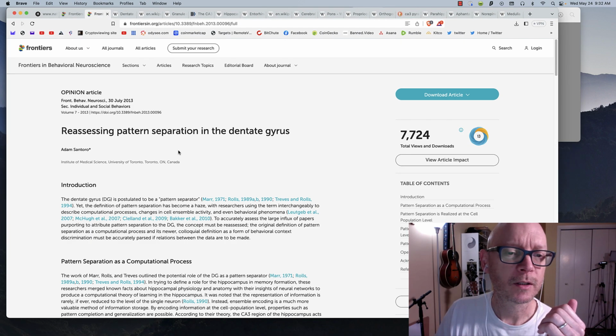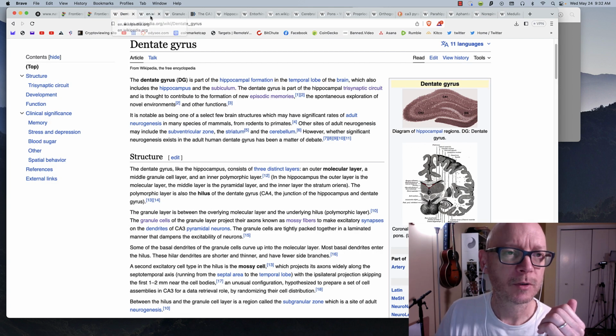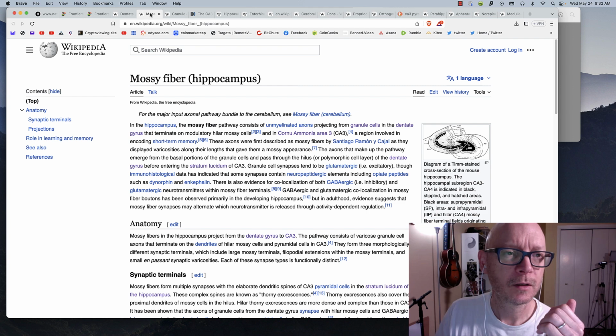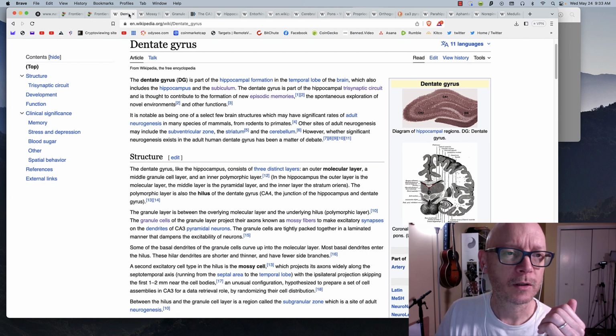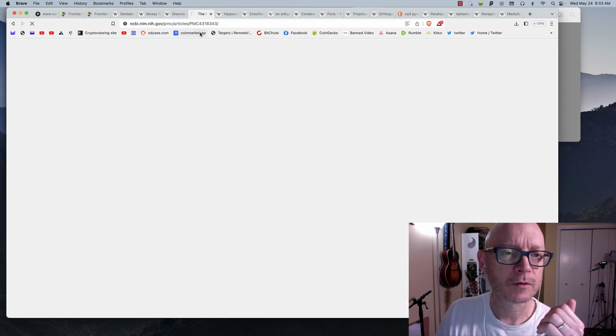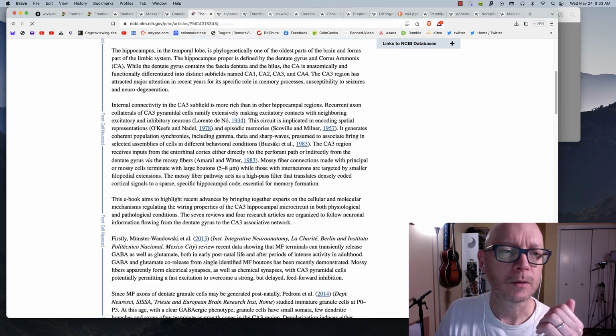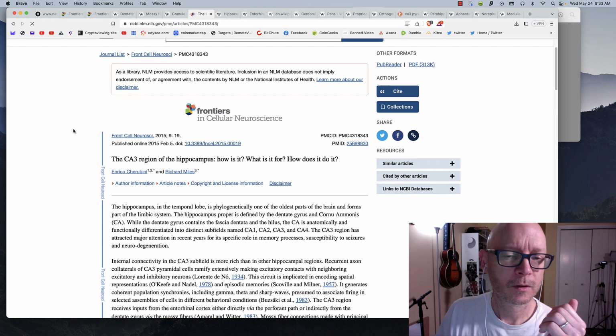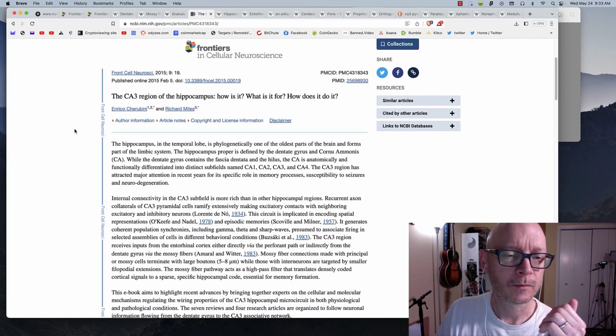It's happening right in here, in the dentate gyrus and up into the CA3 area. The mossy fibers, the granule cells. Find the CA3. Here it is, right here.